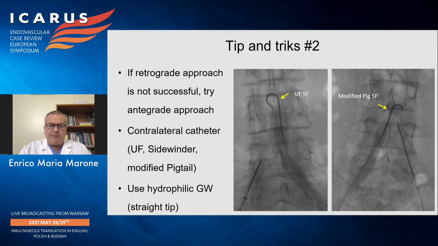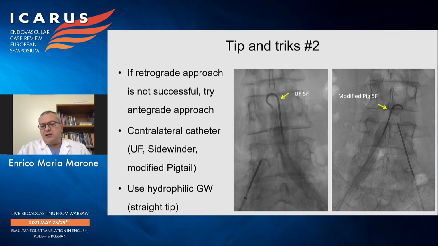This is an example. To obtain recanalization by a contralateral approach, it is mandatory to have a dedicated catheter. The UF is an example, but my suggestion is to use a modified pigtail.